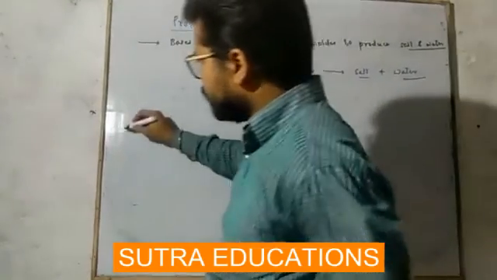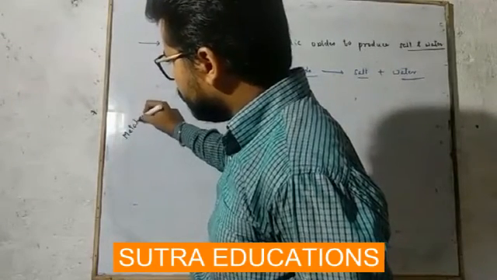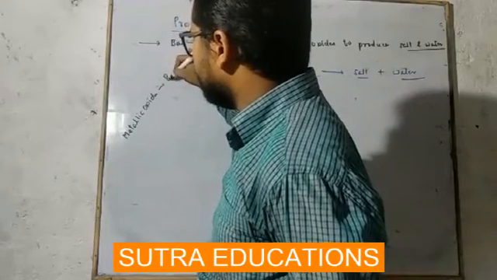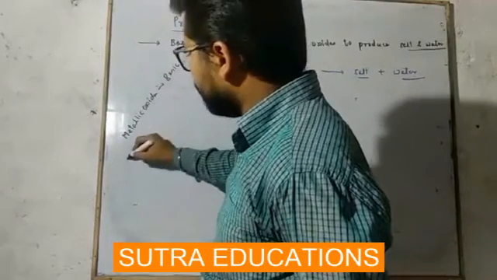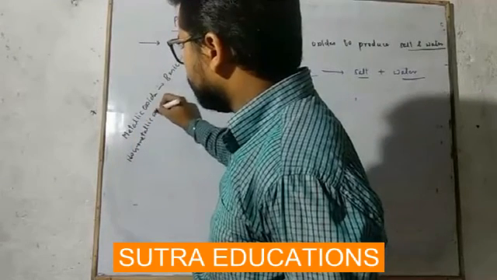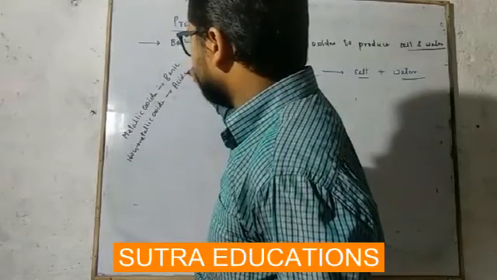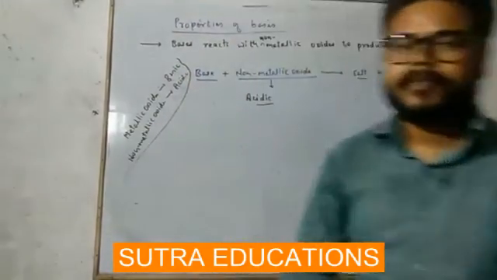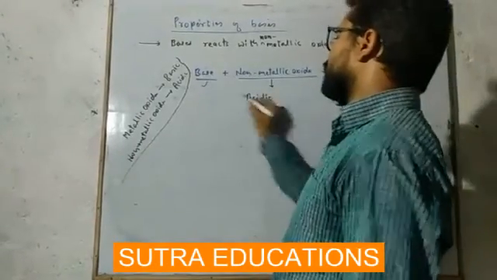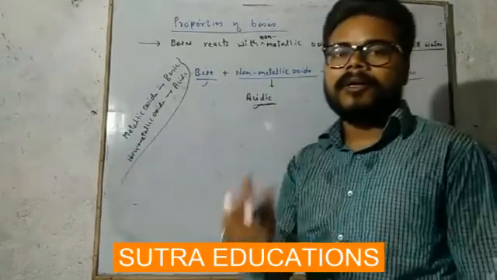Two things are there: metallic oxide is basic and non-metallic oxide is acidic. Just remember this. So it is a non-metallic oxide, so it is acidic. So base plus acid react to form salt and water.